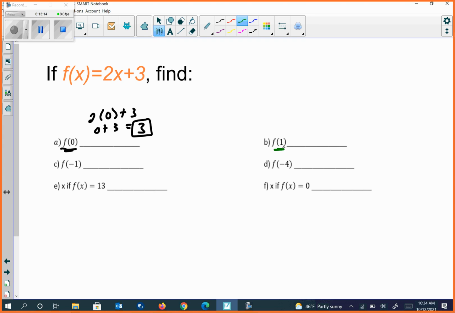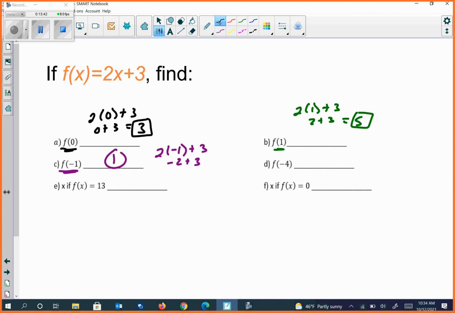Does that look the same other than going from 0 to 1? Plug it in. So I get 5. What should I do with f of negative 1? Plug it in. So that's negative 2 plus 3. That should give me 1.